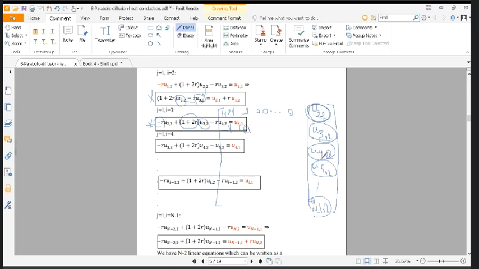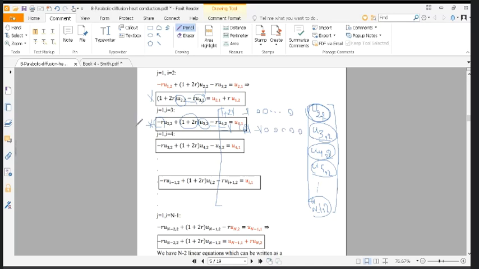And the coefficient of u4 and 2 here is minus r, and I write minus r. And for the rest of the u's, the coefficient is 0, and I should write 0 for the rest of this row.